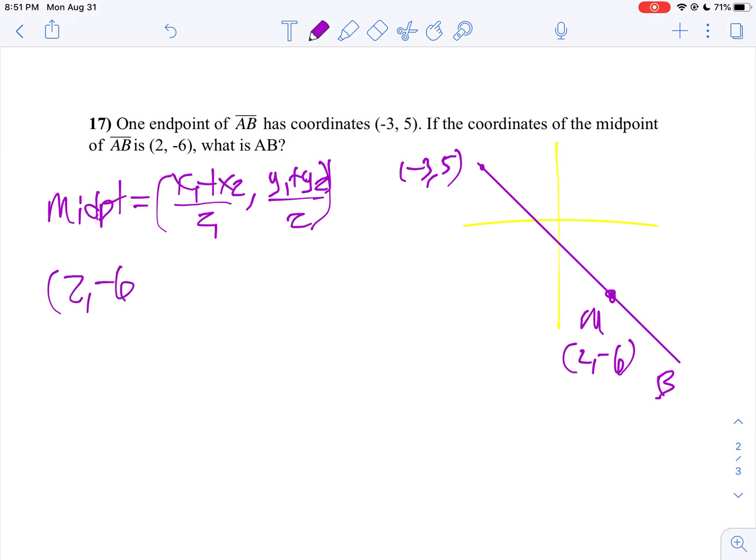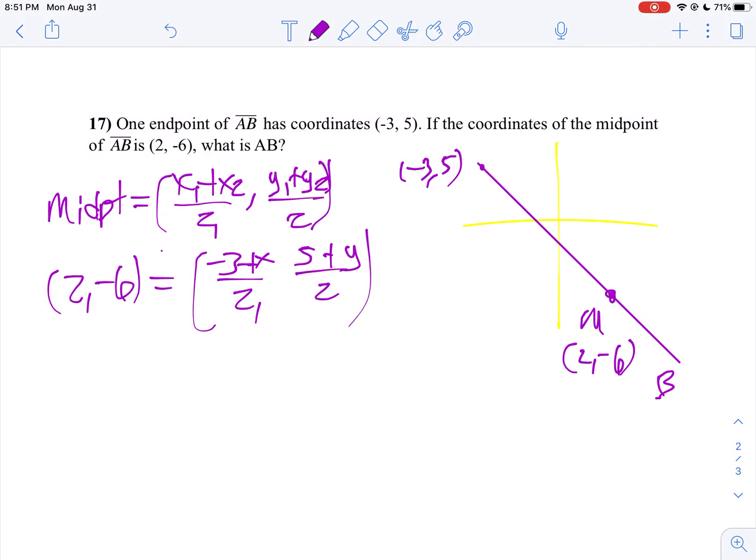I know one of my coordinates is negative 3, 5. So I know one of my x's is negative 3. So I'll say negative 3 plus x, that'll be the B coordinate, divided by 2. And we'll say 5 plus y divided by 2.